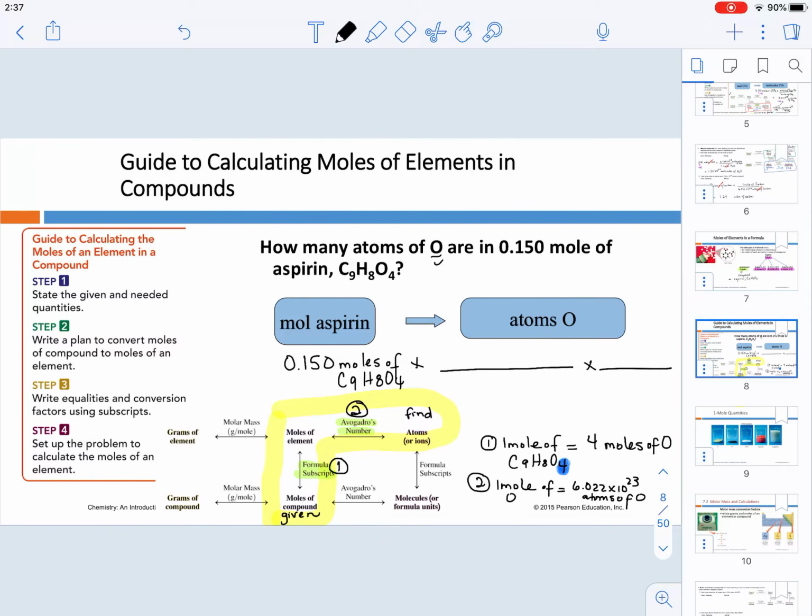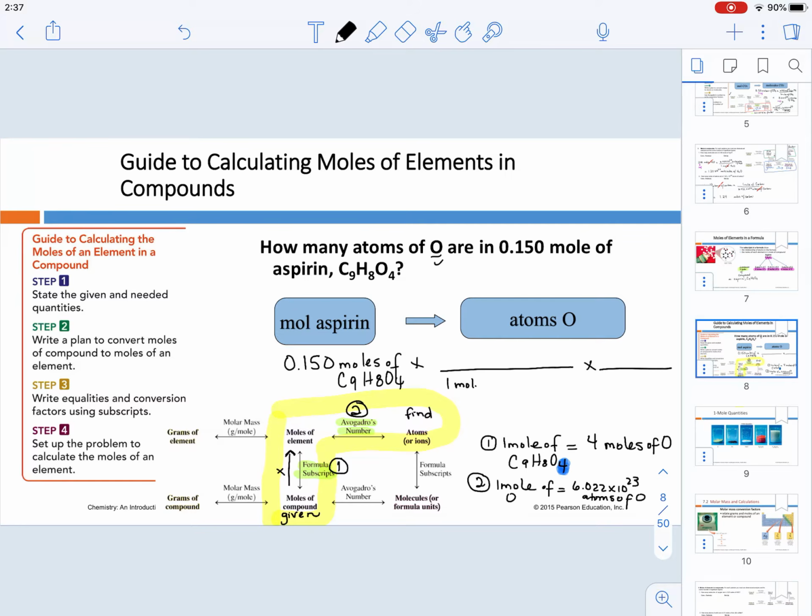So here, as I'm moving up from moles of compound to moles of element, understand that I'm going to multiply by the formula subscript. So I know that in the bottom, I need to match the unit given because I'm going to cancel them diagonally.